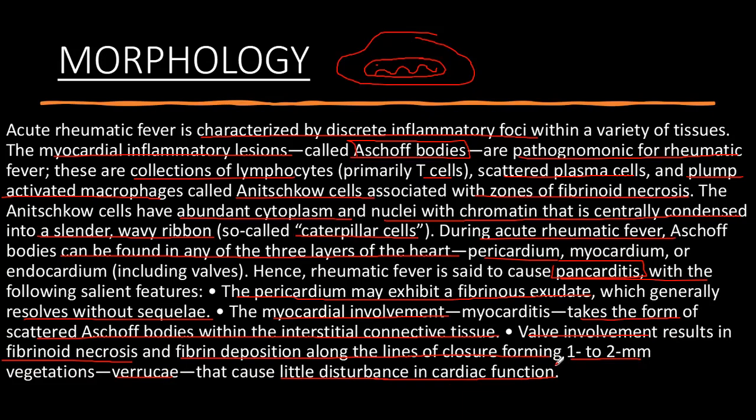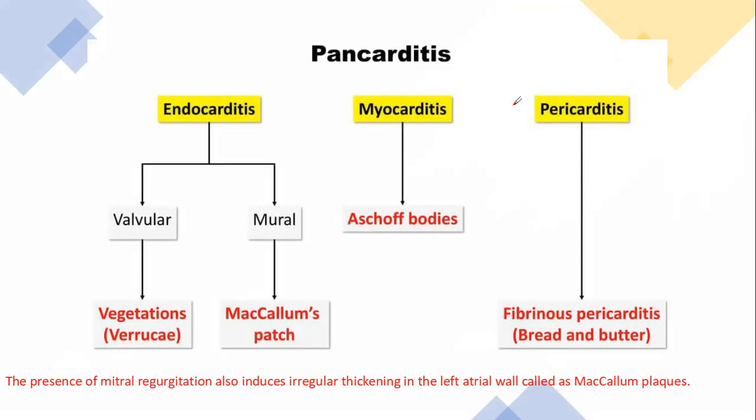Vegetation. Okay, and this causes little disturbance in cardiac function. So I've said that pancarditis involves all the 3 layers: inflammation of the endocardium, endocarditis; myocardium, myocarditis; pericardium, pericarditis. Now, due to the fibrinous exudate of the pericardium, there will be the bread and butter appearance.